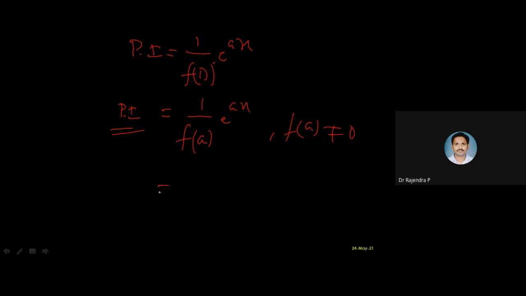You may have a doubt: what happens if f of a is 0? Then supply one x to the numerator. Please remember, I am not going to derive all these results. I already told you that in this unit you have to remember many results, which is why I am pressing you. Suppose f of a is 0. Then supply one x to the numerator and differentiate the denominator, because we already have f of D there.